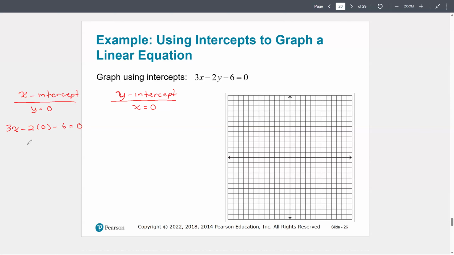This is going to leave me with just 3x minus 6 equals 0, because 2 times 0 is just going to be 0. So if I solve for x, add 6 to both sides, I'm going to have 3x is equal to 6, divide both sides by 3. We get that x is going to be equal to 2. So I have an x-intercept at 2, 0.